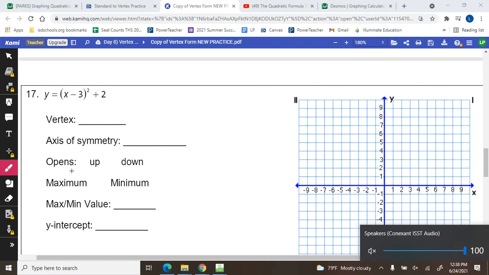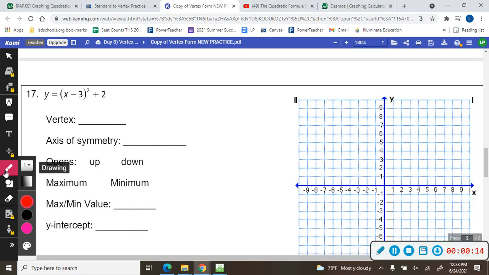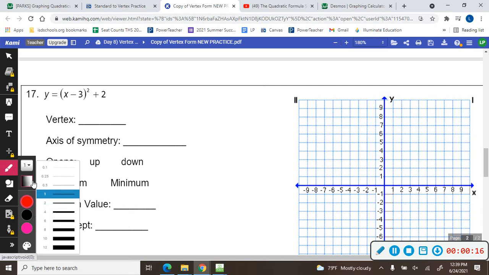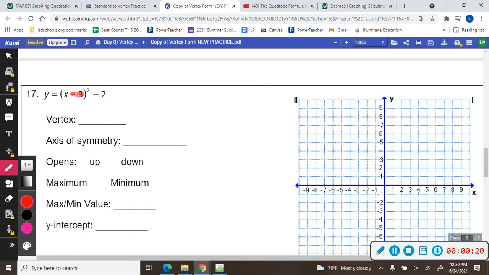So our next skill is, can we take something in vertex form, graph it, and it's easier to graph if you know this information. So the first thing is identifying the vertex. And I see that because this is -3, the vertex will be at +3.